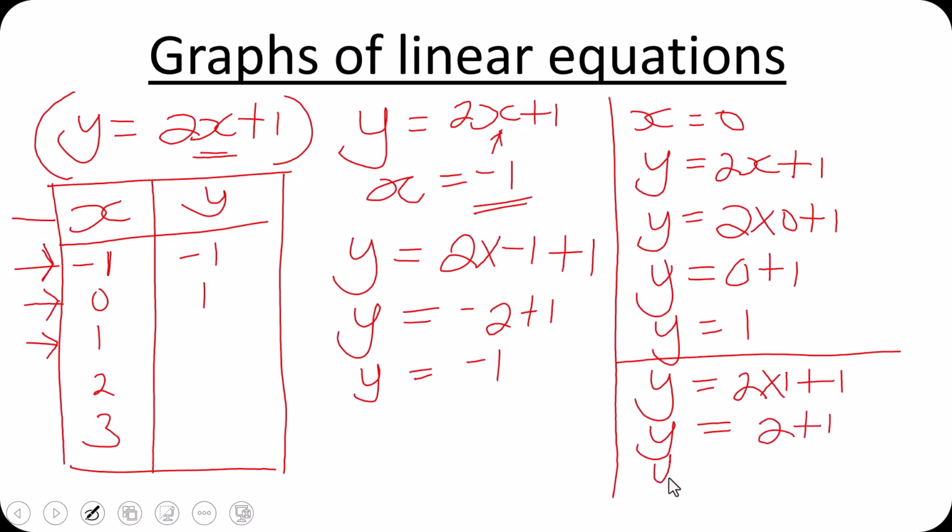And finally, our y will equal 3. So we shall have our y value as 3. So when x is 1, y is 3. So we can generate all the y values for this equation.